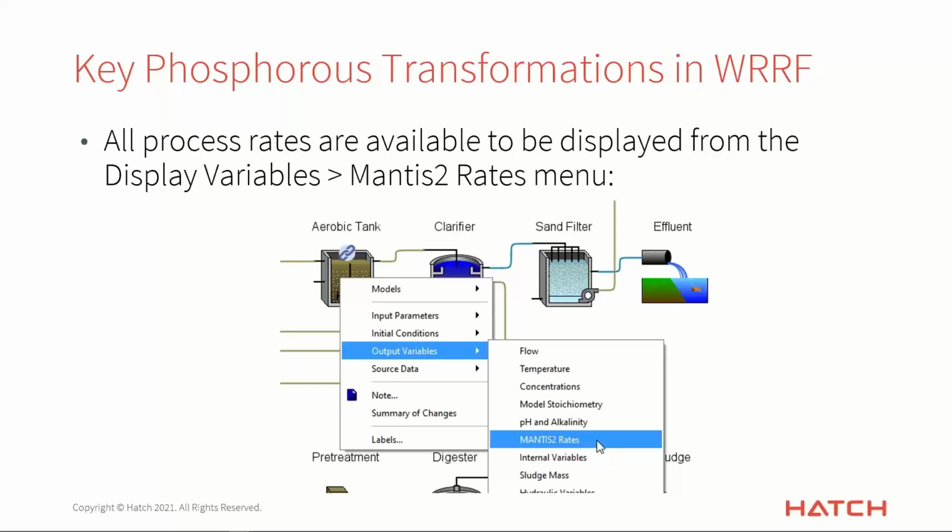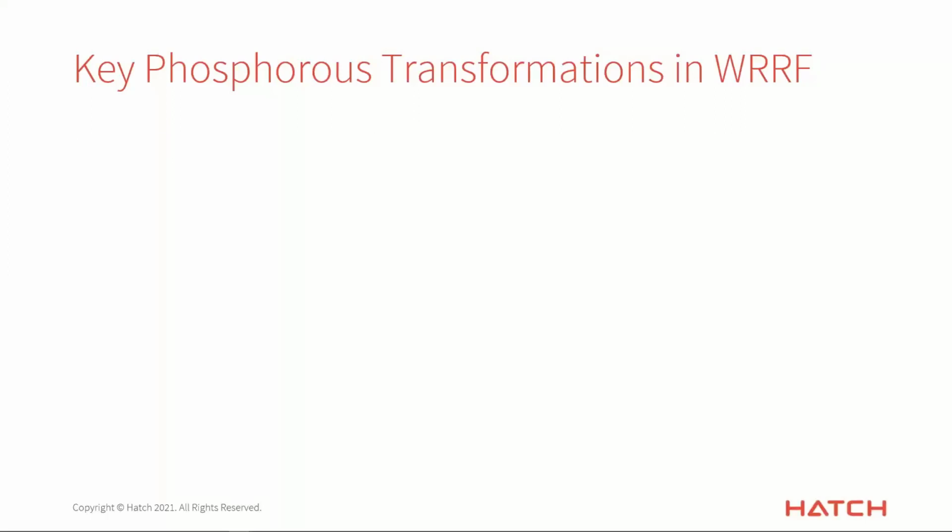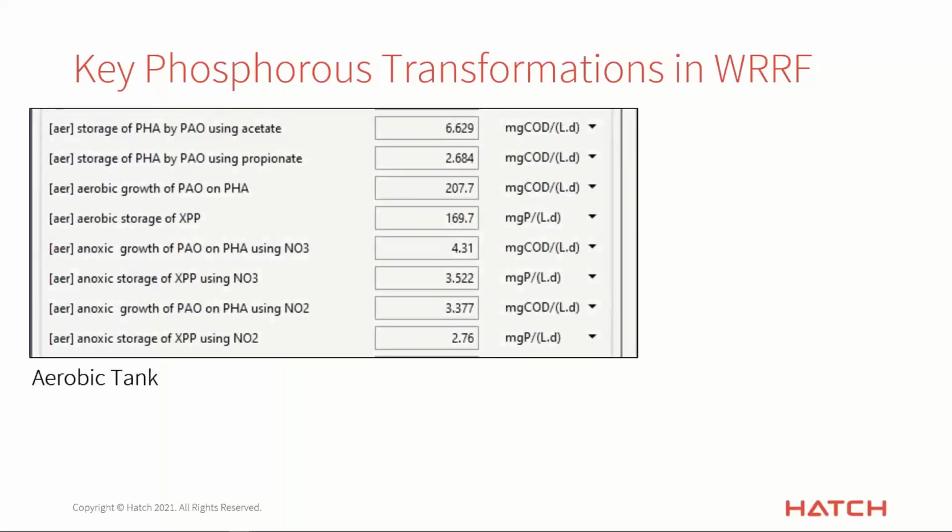You right-click on any one of the biological tanks and go to the Output Variables menu and go to the Mantis 2 Rates menu. The top part of that menu is basically all of the biological steps in the process. And you can see their rate as these things are happening. So this is milligrams per liter per day, right? It's a rate at how fast these things are happening.